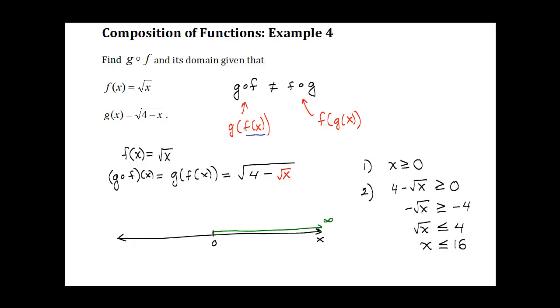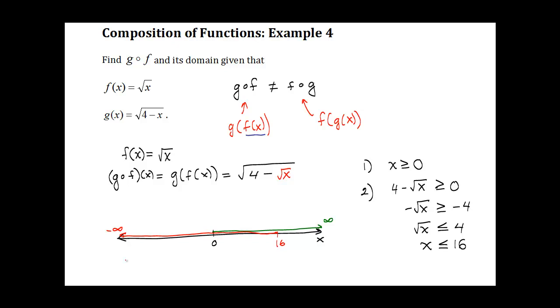Our second interval I will do in red. The second interval says x must be less than or equal to 16. So let's say that this is 16. It can start right on 16, and it can go all the way approaching negative infinity.